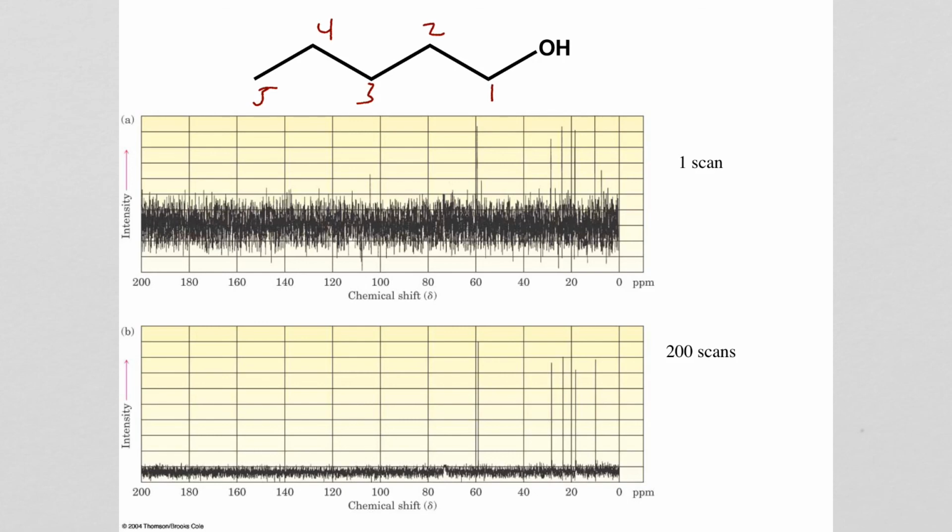You can see here that after one scan, maybe we can see some of the peaks, but it's really hard because of all the noise. So what we do instead is take 200 or more scans, and because the noise is random, it cancels out, and that allows us to see the actual peaks.